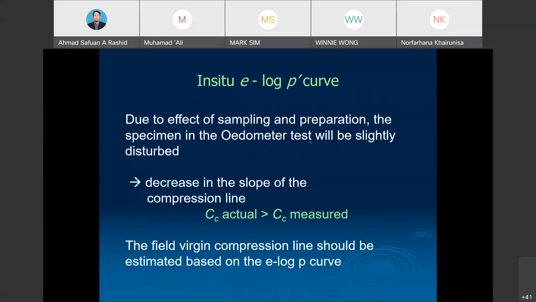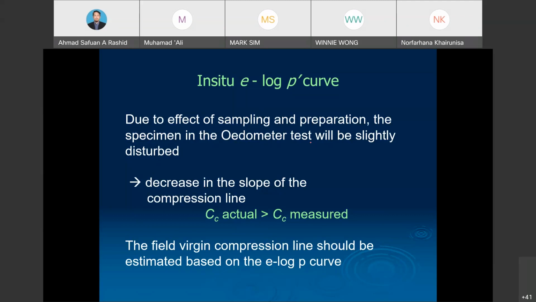There is some argument that the CC value from the odometer is not accurate compared to the value obtained directly from the field. Due to the effect of sampling and preparation, the specimen in the odometer test will be slightly disturbed.